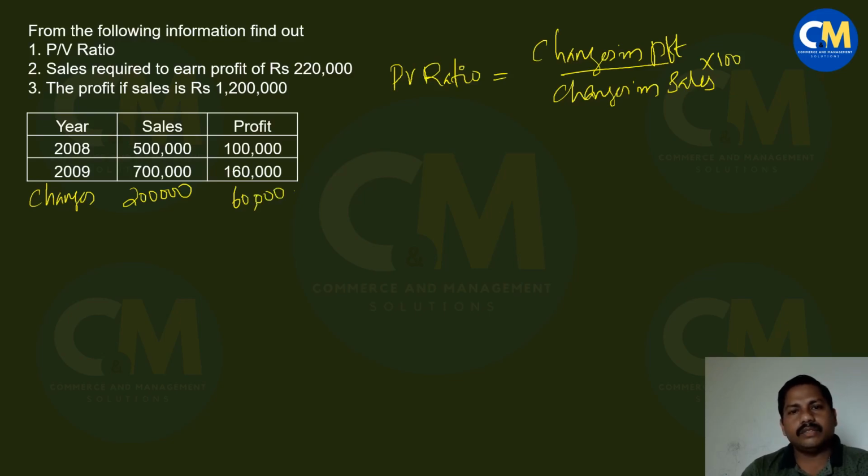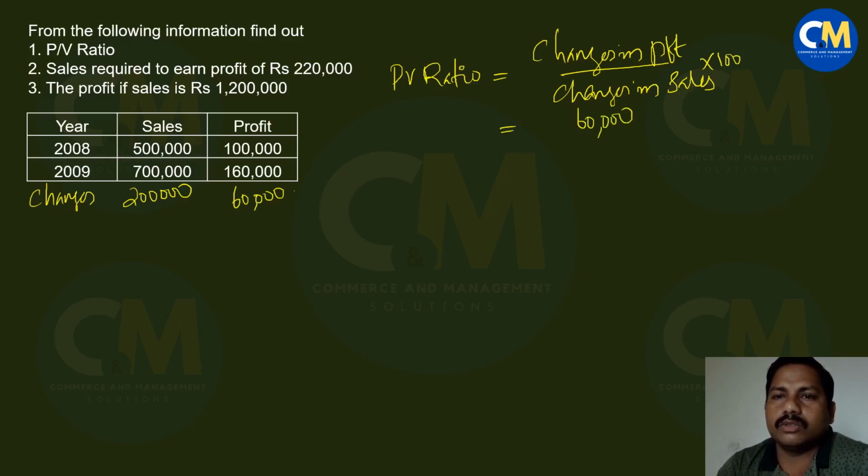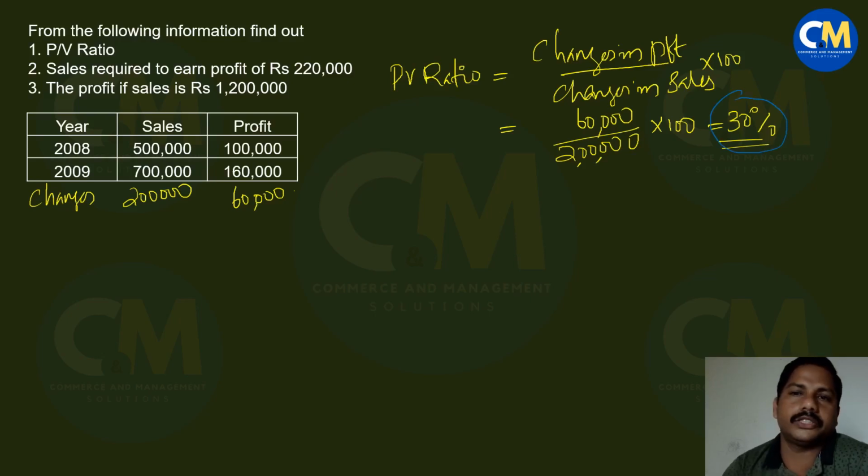Applying this, changes in profit 60,000 divided by changes in sales 2 lakh into 100 is equal to 30 percent. So we got the PV ratio, which is equal to 30 percent.